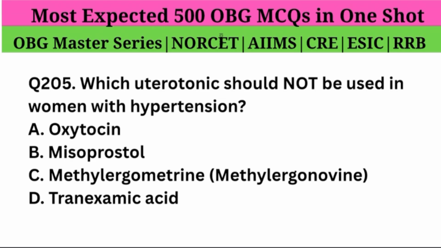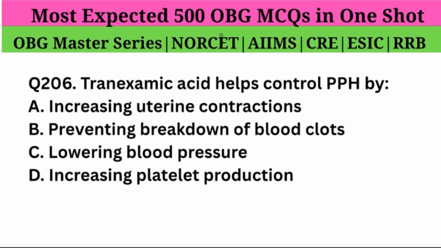Your correct option is option C, methylergometrine or methylergonovine. Next question. Tranexamic acid helps control PPH by. Your correct option is option B, preventing breakdown of blood clots.